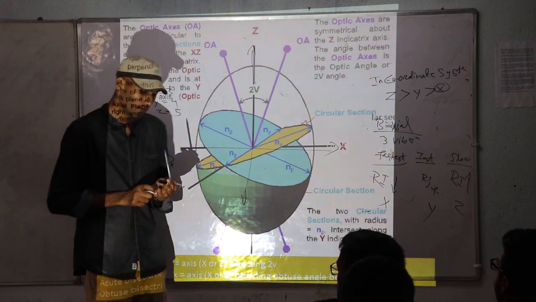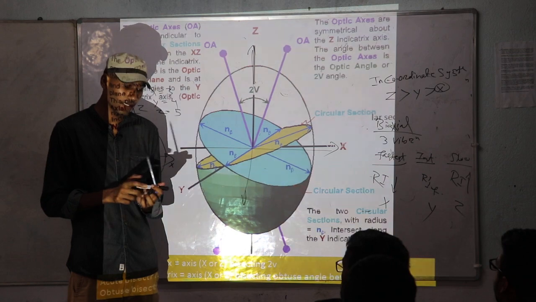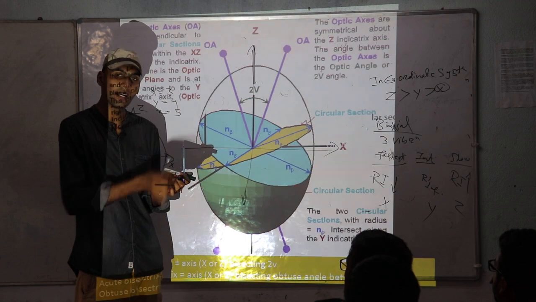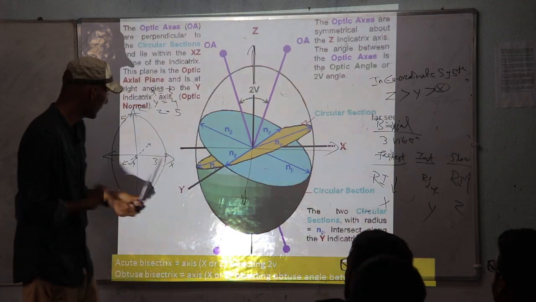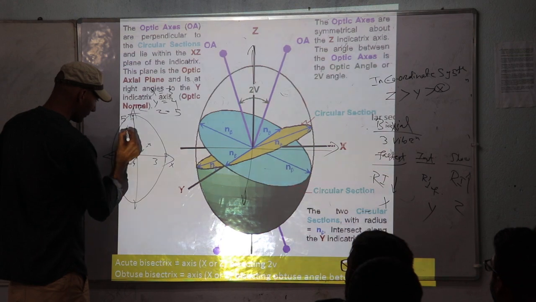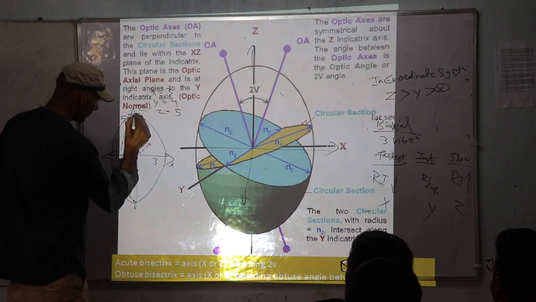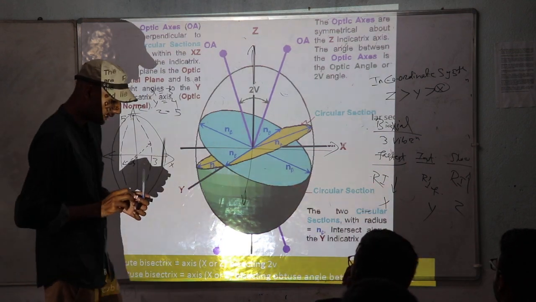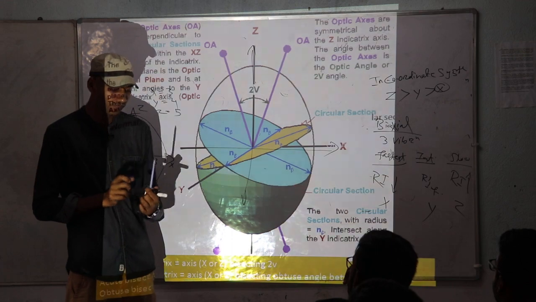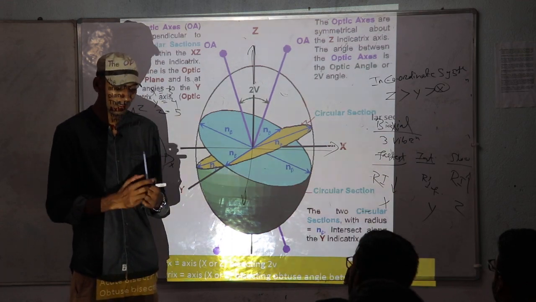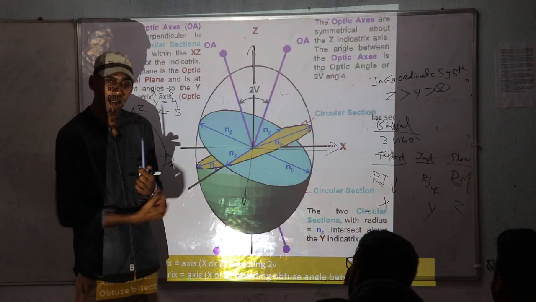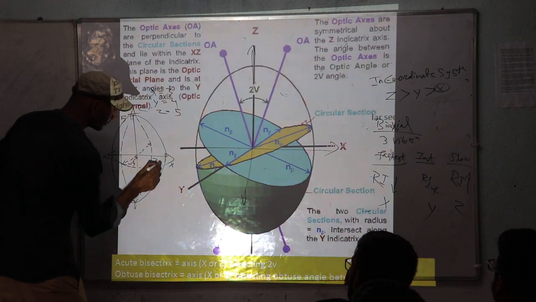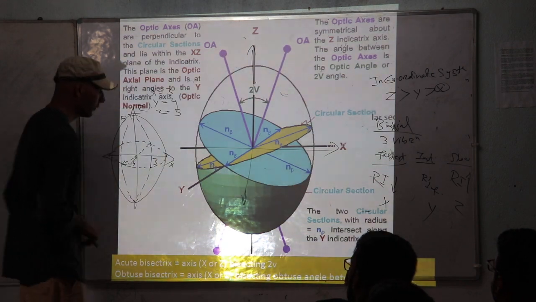If we join Y and Z, Y is intermediate and Z is the greatest, so what will the section be? That will also be an ellipse. Then if we join X and Y, X is the shortest one and Y is the intermediate one, we will get an ellipse.